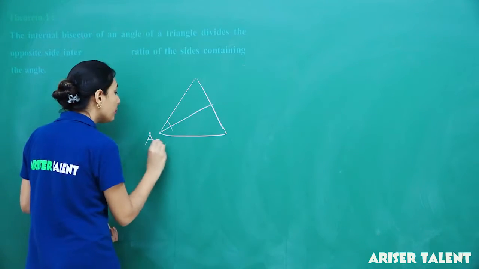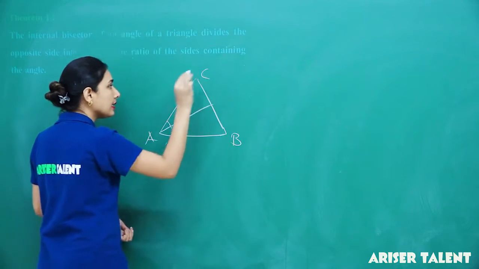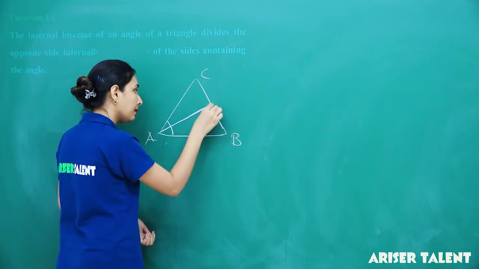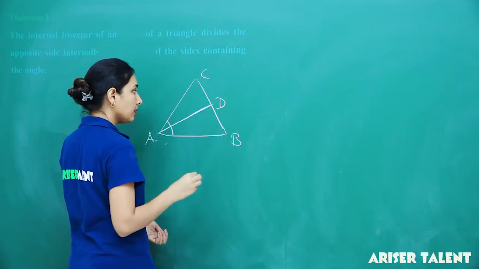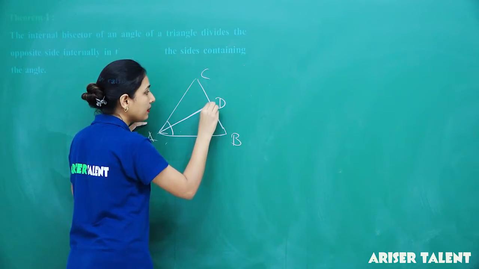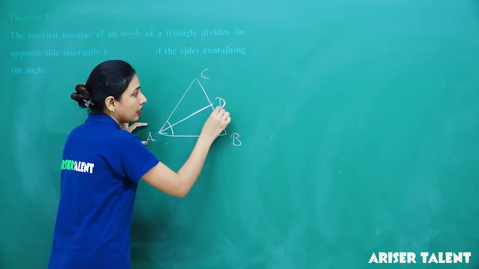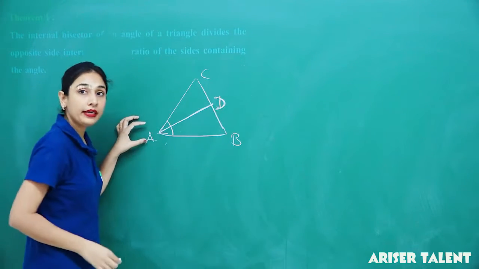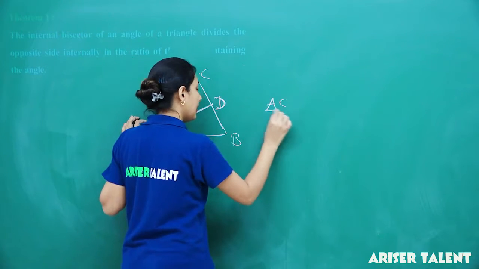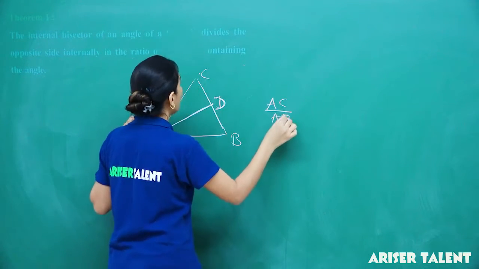Now, if I tell you this is A, B and C, now if I am bisecting this angle and it is meeting at the particular point D, then the ratio of this to this will be AC by AB.